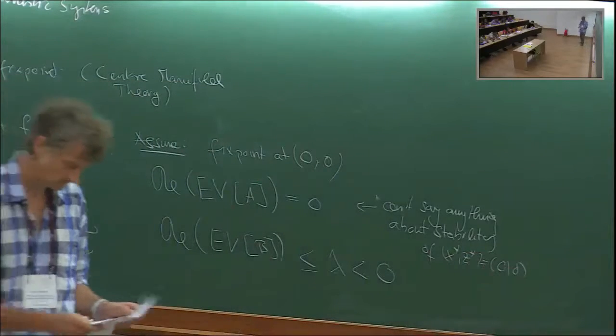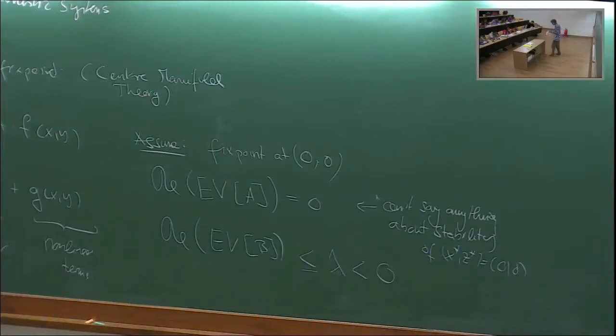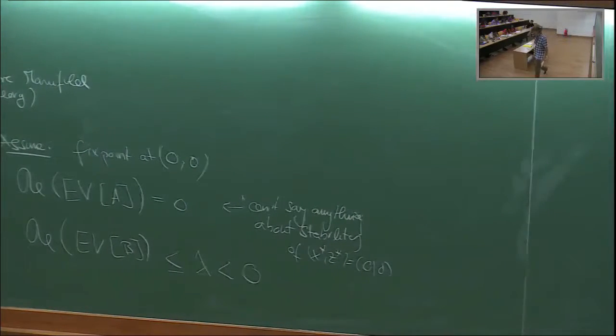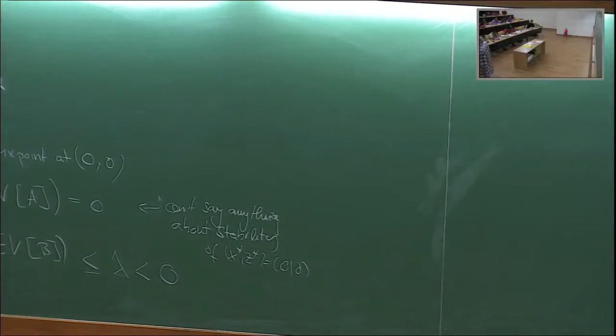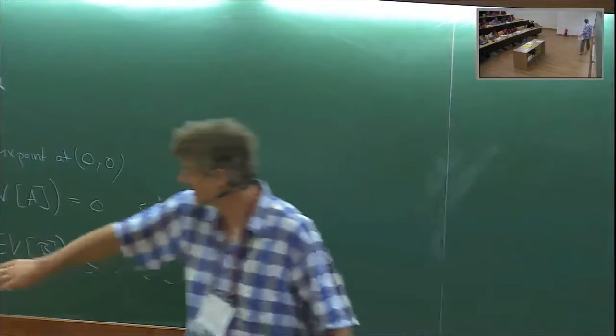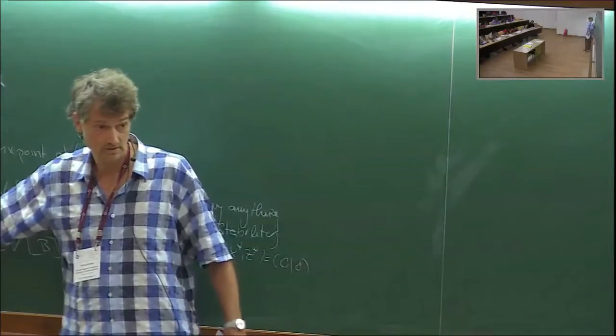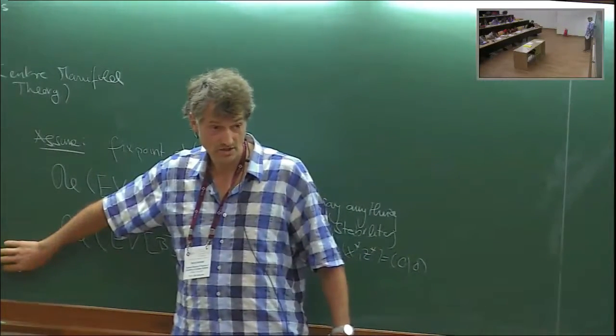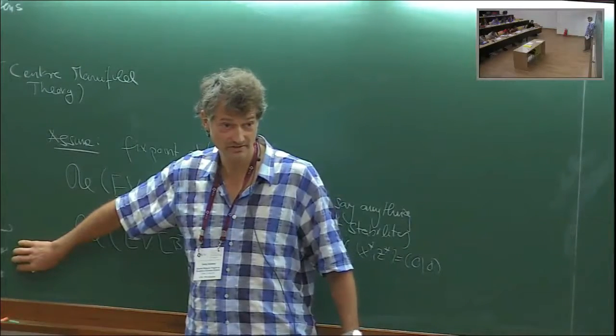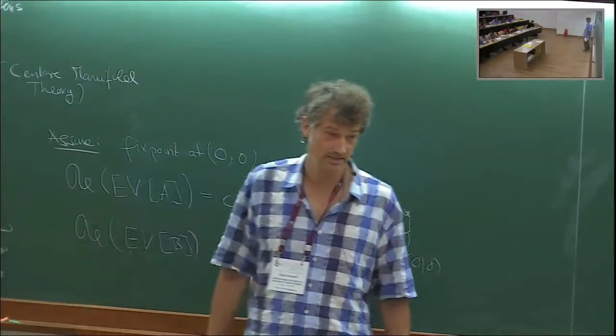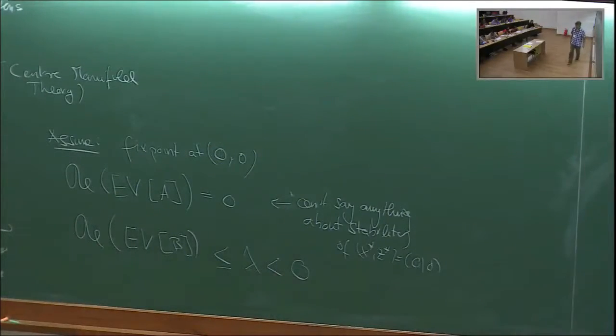So all those methods you learned don't work. No, that's right, they're strictly nonlinear terms. So df at 0, 0 is 0. And dg at 0, 0 is 0. That's right.